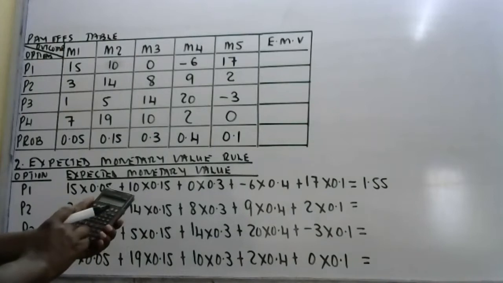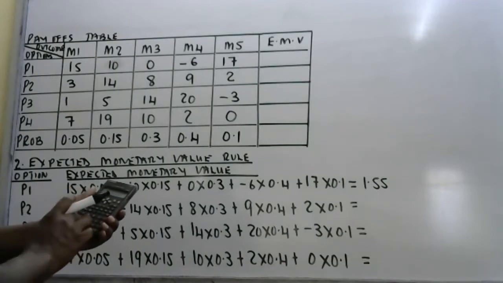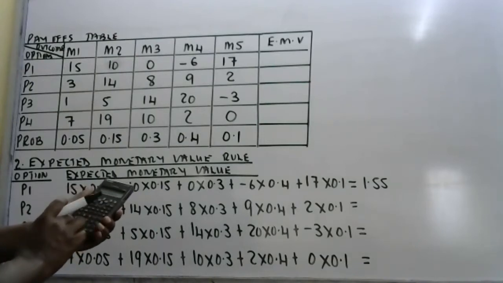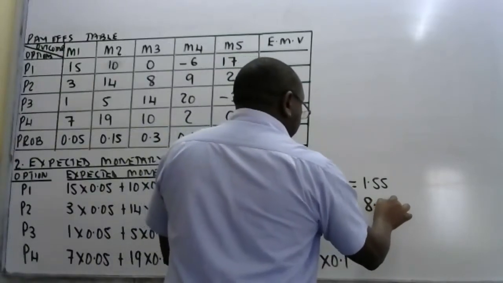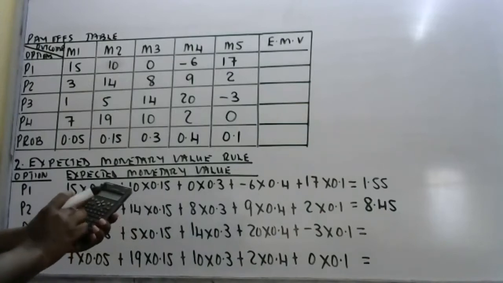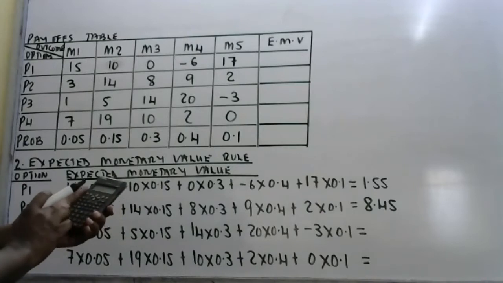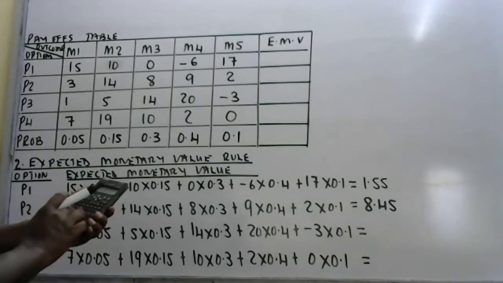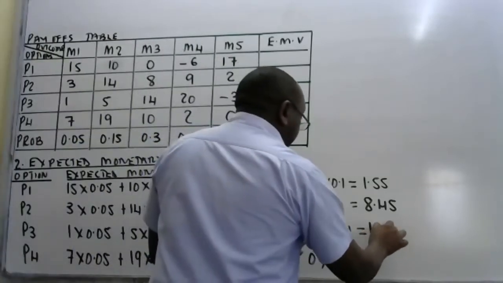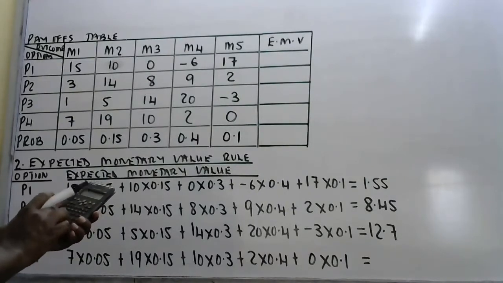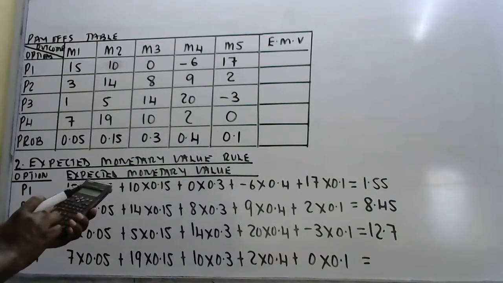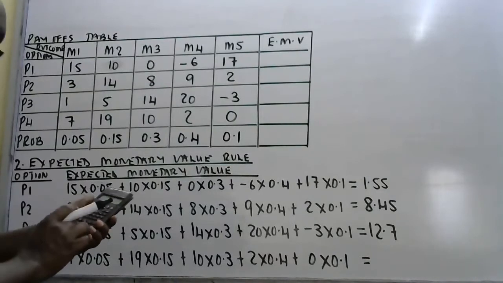The next one, 3 times 0.05 plus 14 times 0.15 plus 8 times 0.3 plus 9 times 0.4 plus 2 times 0.1 is 8.45. 1 times 0.05 plus 5 times 0.15 plus 14 times 0.3 plus 20 times 0.4 plus minus 3 times 0.1, 12.7. 7 times 0.05 plus 19 times 0.15 plus 10 times 0.3 plus 2 times 0.4 plus 0 times 0.1 is 7.